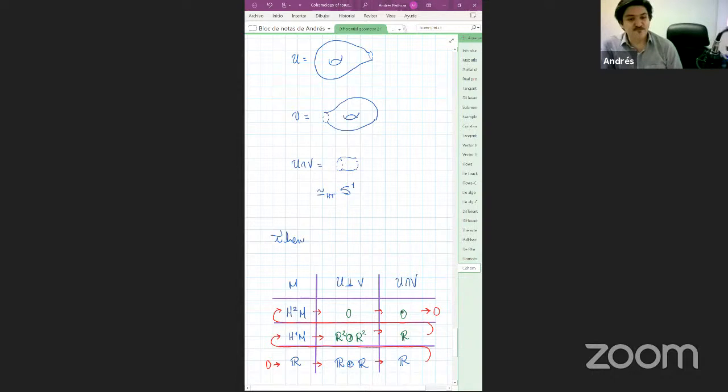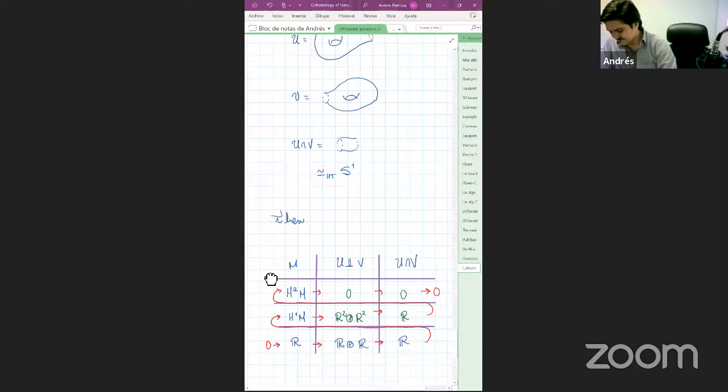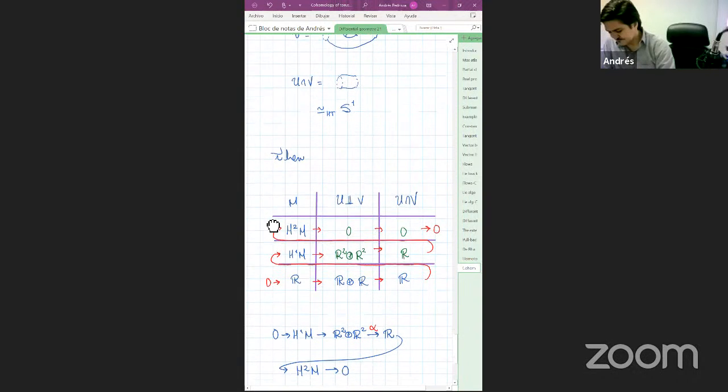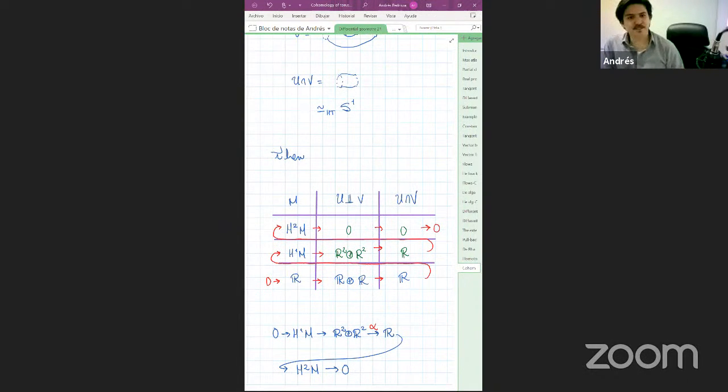U intersection V is connected, so we can forget about the degree 0 and start in degree 1. And that's what I have written here.